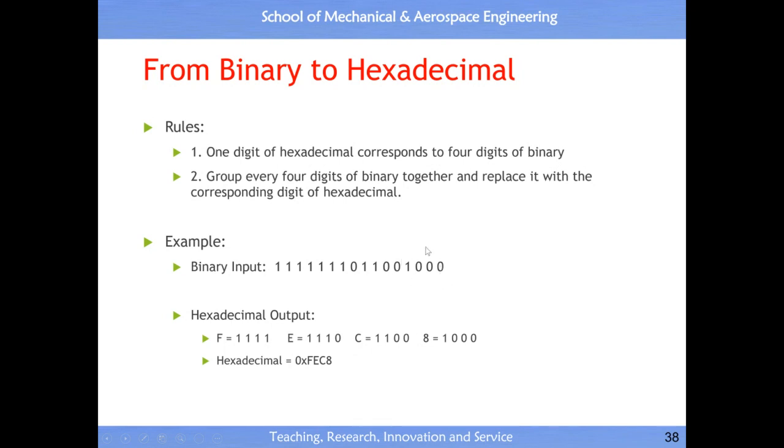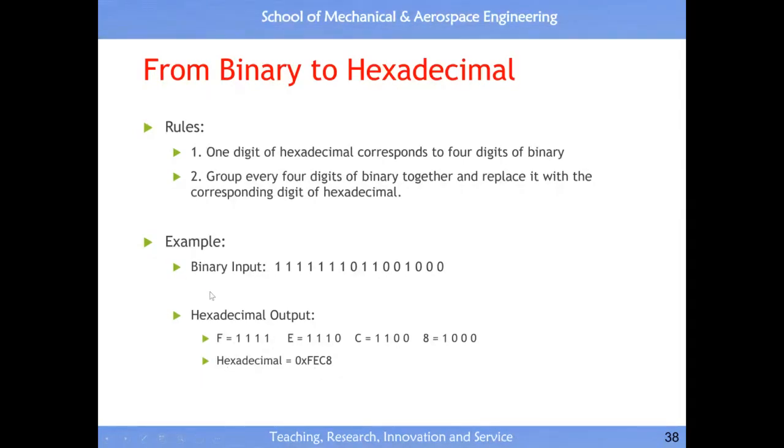We divide all these bits into groups of 4 bits. This is one group, this is another group, this is another group, and this is another group. Then the first group corresponds to A, the second one is C, the third one is E, and the last one is F.